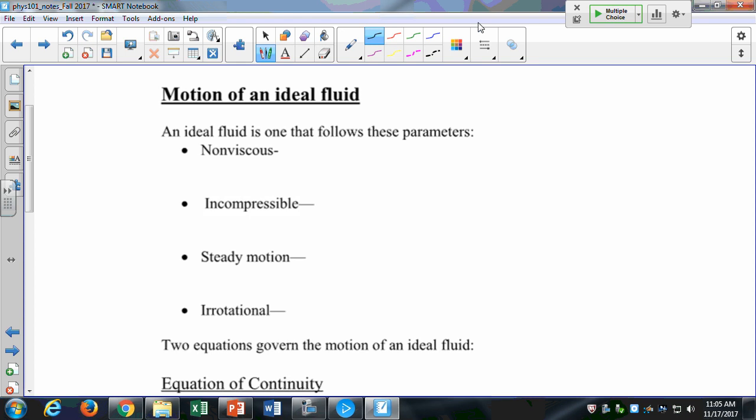So a couple ideas about ideal fluids, and you just need to know these in name and know what they represent. First of all, an ideal fluid is non-viscous. That means that there's negligible friction between the molecules.